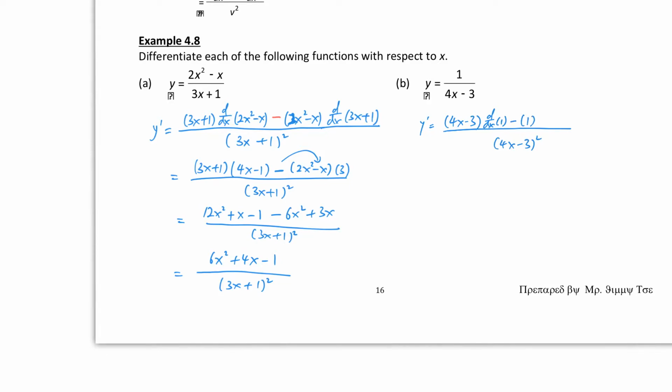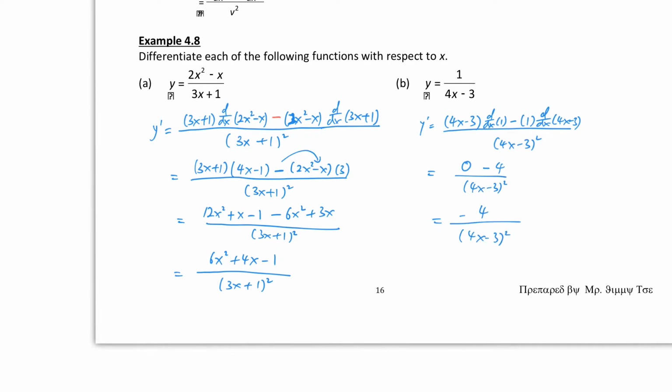And then 1 times the derivative of the denominator, which is 4x minus 3. So the first part is 0 because d over dx of 1 is equal to 0. The derivative of a constant is equal to 0, and minus 4. So the answer is negative 4 over 4x minus 3 all squared.